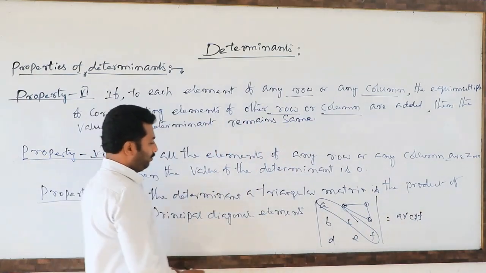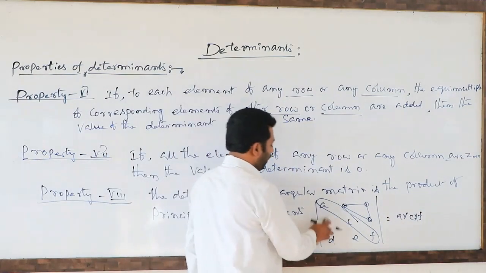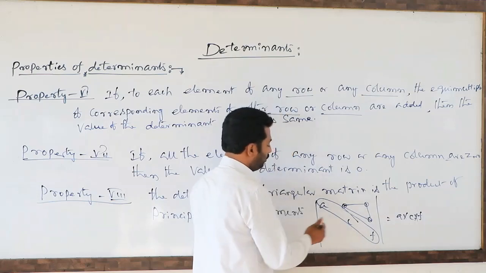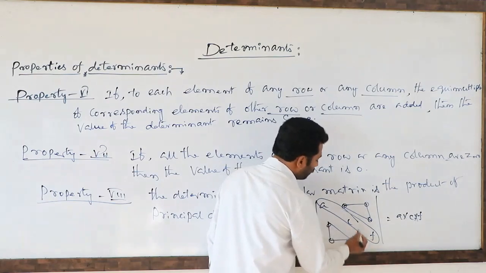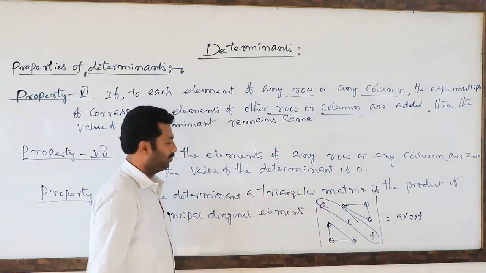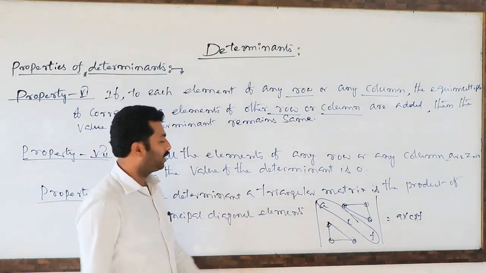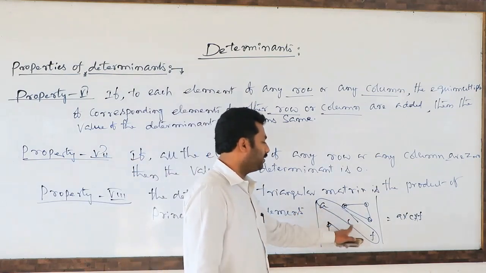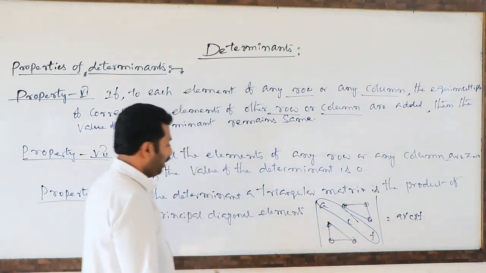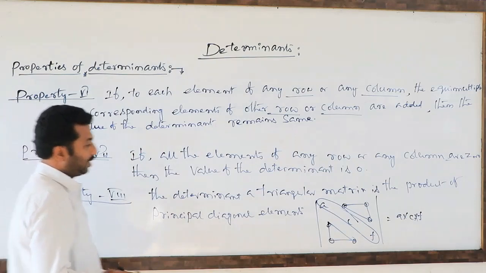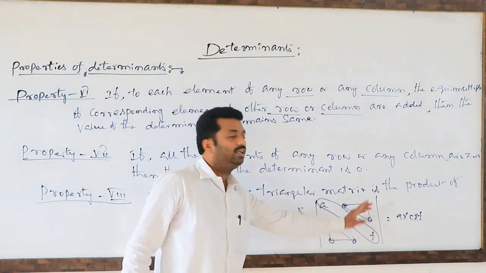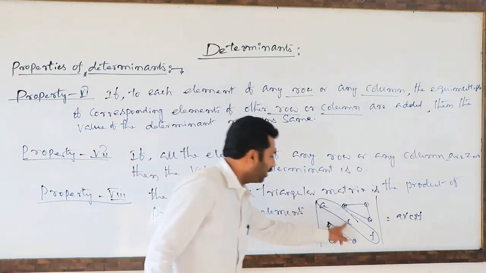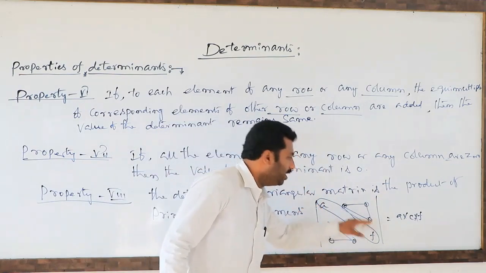At the same time, for an upper triangular matrix determinant, with zeros below the diagonal, it is also the same: the product of the principal diagonal elements A, C, F. If it is a diagonal matrix, the determinant is also the product of the principal diagonal elements. Whatever elements are there on the diagonal, we take that product.